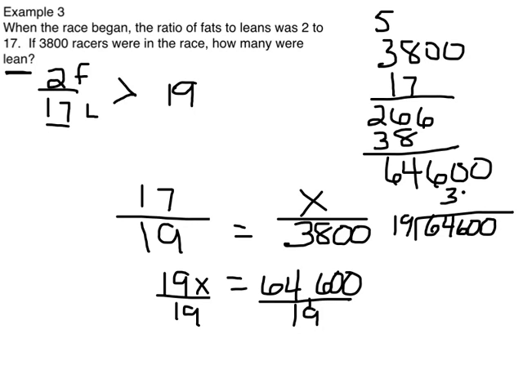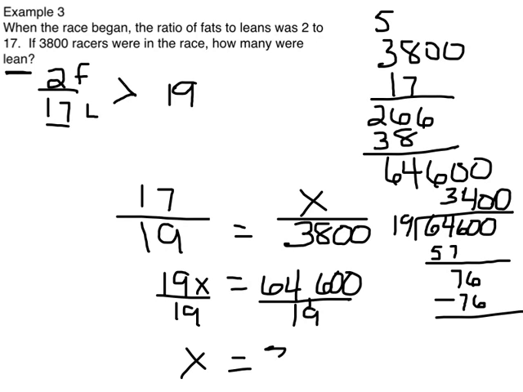And 3 times 19 is 57. And 64 minus 57 is 7. Bring down the 6. 19 will go into 76 4 times. Exactly. So this is going to be 0, 0. So X is going to equal 3,400.